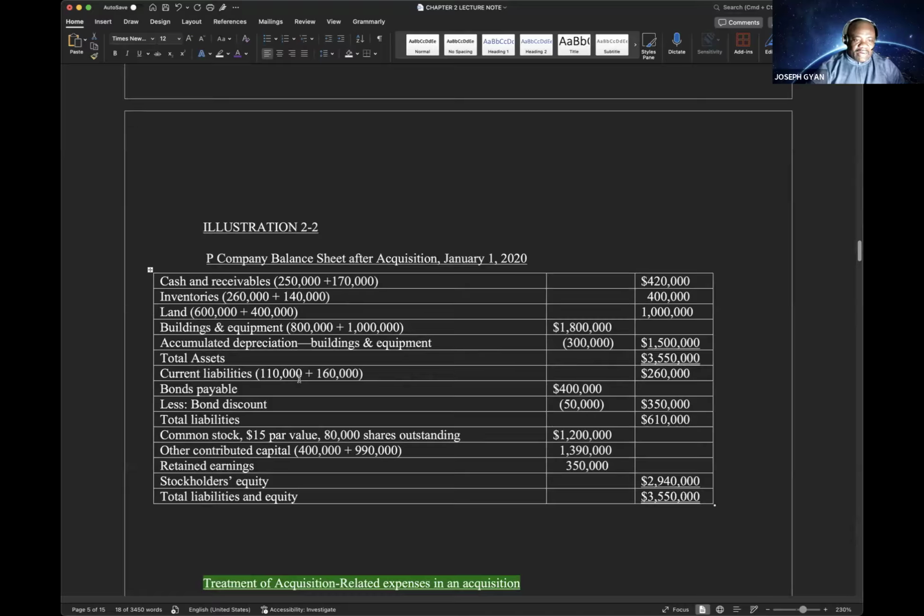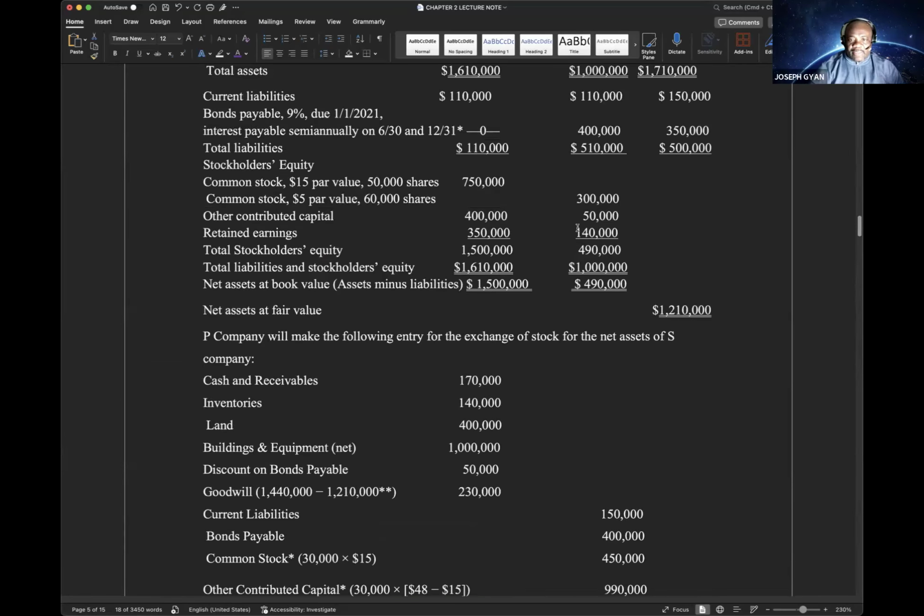We have the current liabilities, which we added together, bonds payable less the bonds discount, 350 total liability here. This is where, remember, I told you guys: once we are buying the company, we are buying the assets of the company. Therefore, this common stock is gone. This other contributed capital is gone.